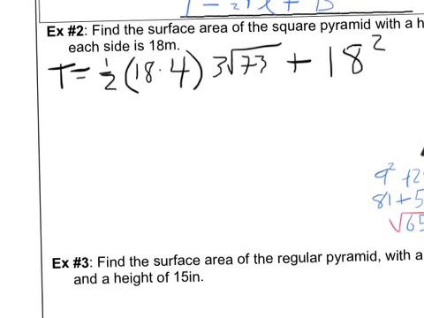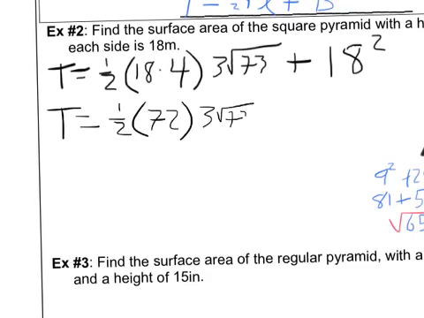At this point, you could plug all this in your calculator if you really wanted to, unless they ask for an exact area. So I'm going to work out an exact area with you guys so we can get there. So we got 1/2. 18 times 4 is 72. Times 3 rad 73 plus, and 18 squared is 324.